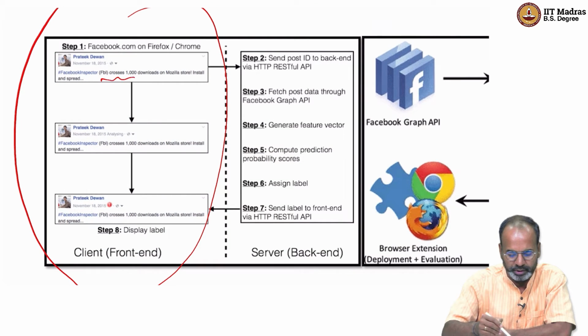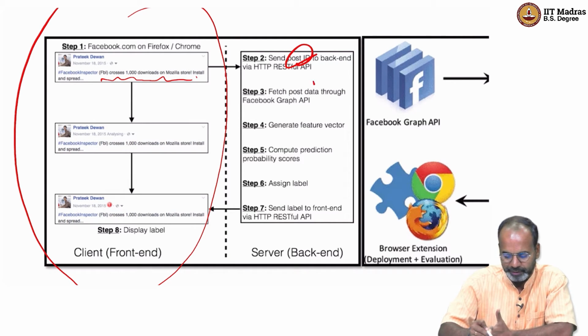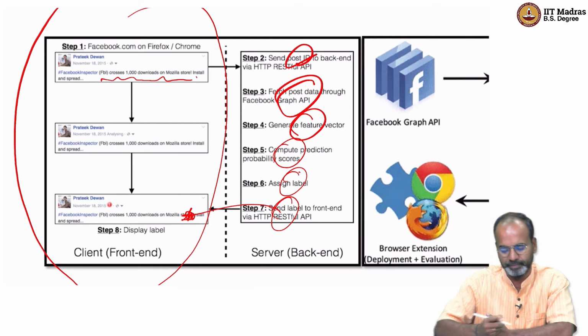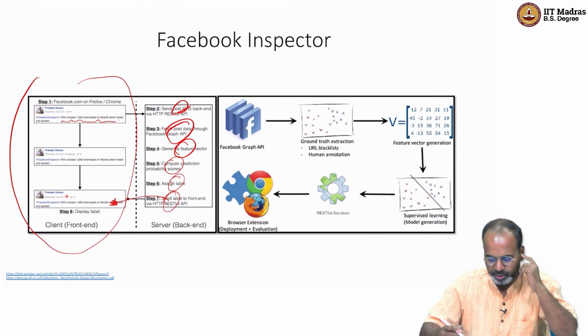It takes the post, brings the content value from the browser, takes the ID, and sends the ID to the Facebook API, which fetches the data and generates the features. The score is created. When the score is ready, it pushes back to Chrome. Very similar architecture to what we saw on TweetCred.